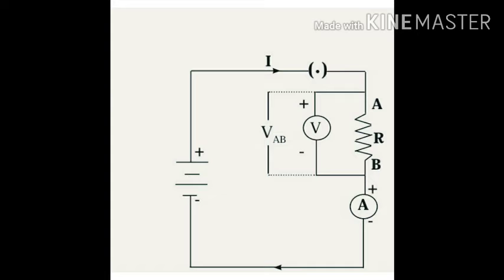If the charge Q flows from A to B in time t, that is, the work is performed in time t, then during that time the energy VABQ is given to the resistor. What happens to this energy? This energy is received by the resistor and is converted into heat energy. The temperature of the resistor is increased.